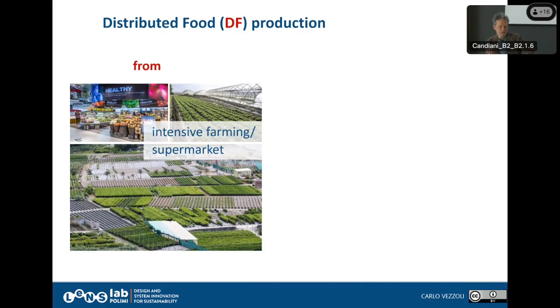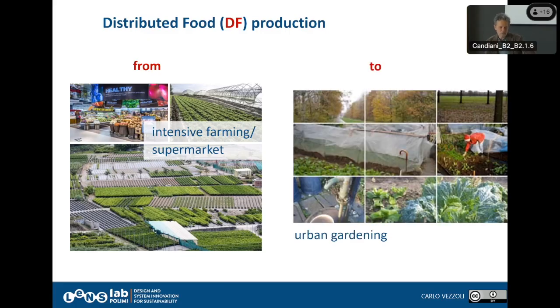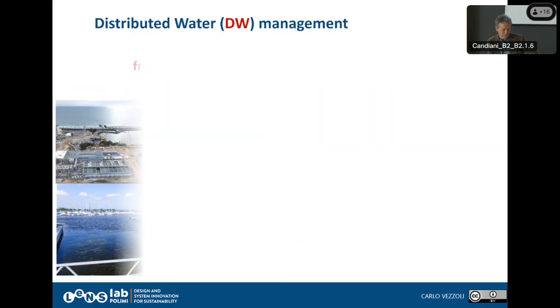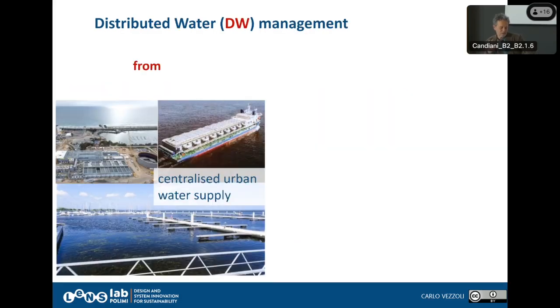Even food could be distributed. We can move from intensive farming and supermarkets to urban gardening. So again, from a big-scale production and distribution system to a smaller and more localized system of production. Even the water, so we speak about distributed water management.